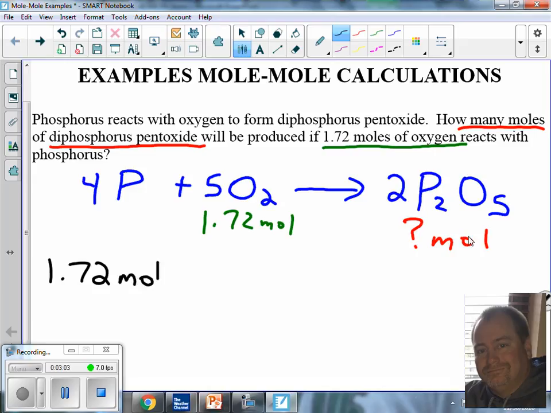1.72 mole of oxygen. And I'm going to do a conversion box. What is that called? What am I putting in my conversion box? The molar ratio. Where do I get the molar ratio?